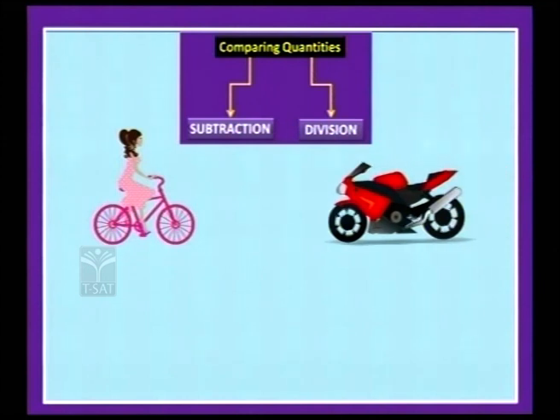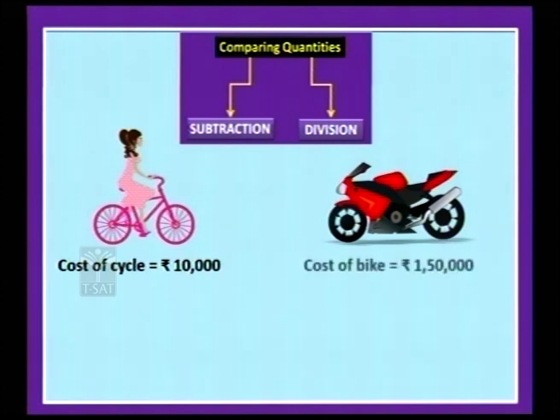Now here is a cycle and a bike. The cost of the cycle is 10,000 rupees, whereas the cost of the bike is 1,50,000 rupees. Now let us divide these two quantities, that is 1,50,000 divided by 10,000.